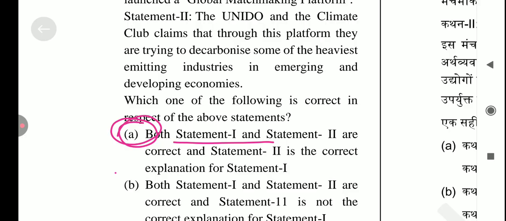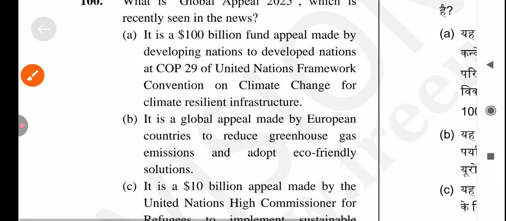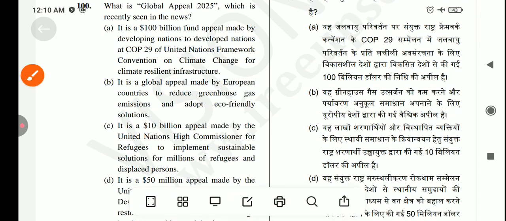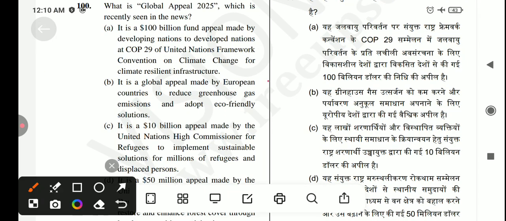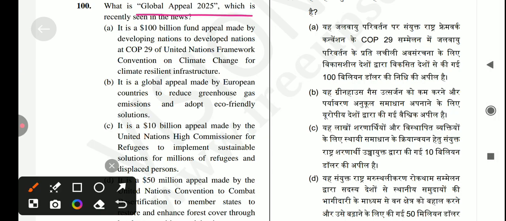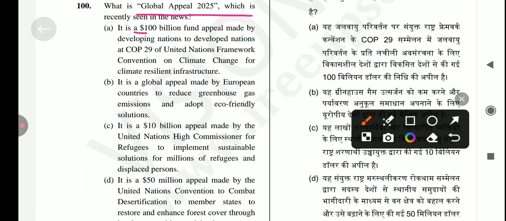Okay, so let's come to the next question, which is the Global Appeal 2025, which is seen in the news related to, first, a $100 billion fund appeal made by developing nations to developed nations at COP29 under the framework. No, it's not a correct statement.